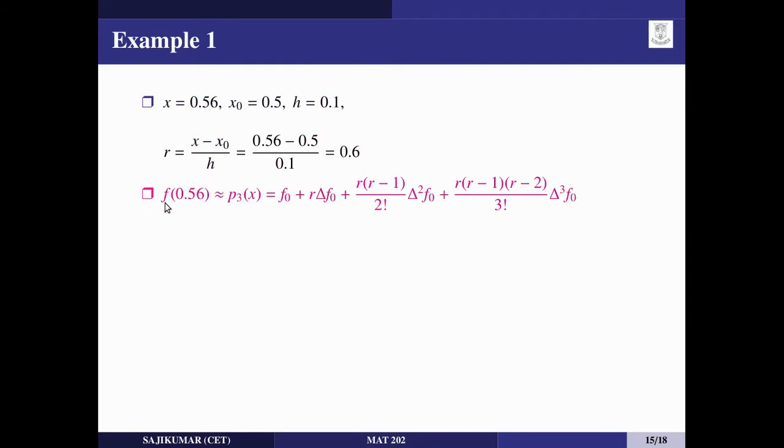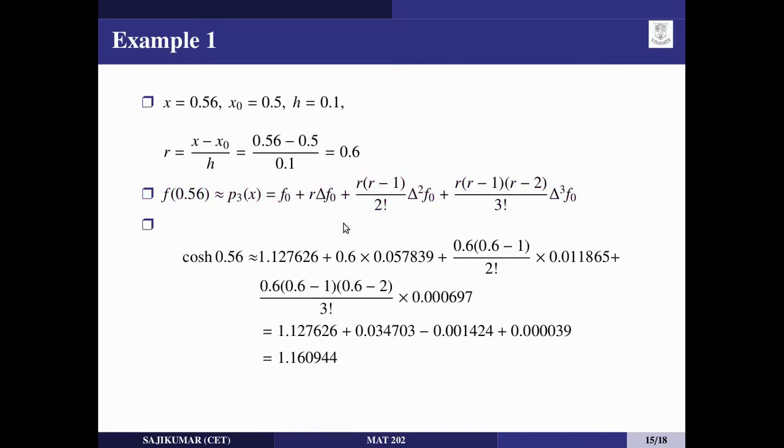Now we can approximate the hyperbolic cosine value at 0.56, that is f(0.56), approximately equal to P3(x) given by Newton's forward formula: f0 plus r into delta f0 plus r into (r minus 1) by 2 factorial delta squared f0 plus r into (r minus 1) into (r minus 2) by 3 factorial delta cubed f0.